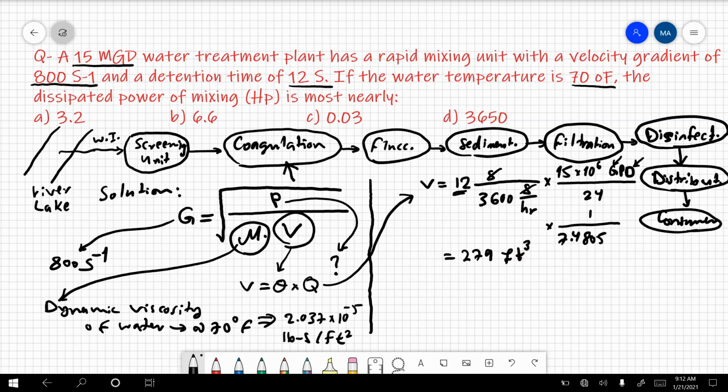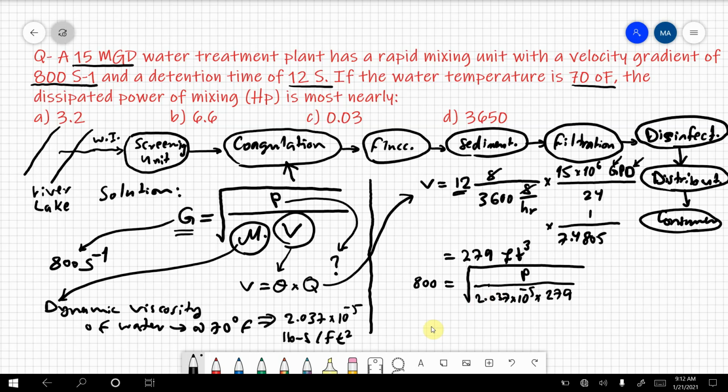So now it's just a plug and chug equation, and we put our numbers in this equation. We have our velocity gradient as 800 equals square root of P divided by 2.037 times 10 to minus 5 times our volume, 279.